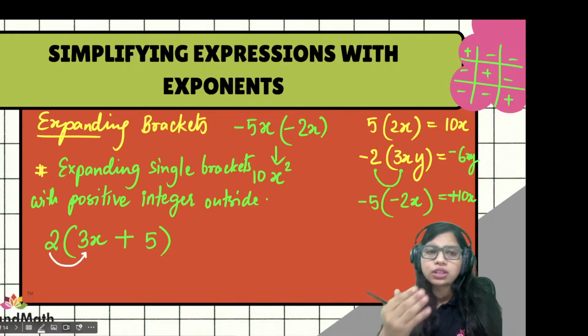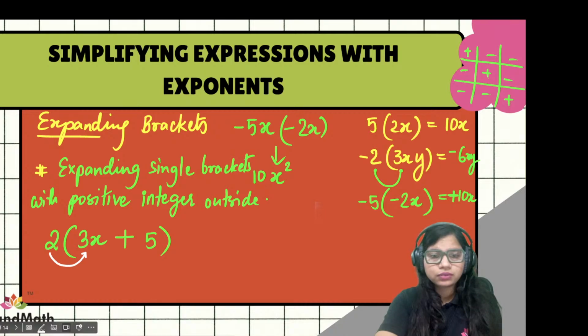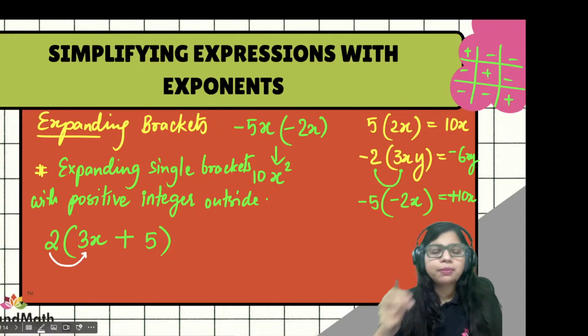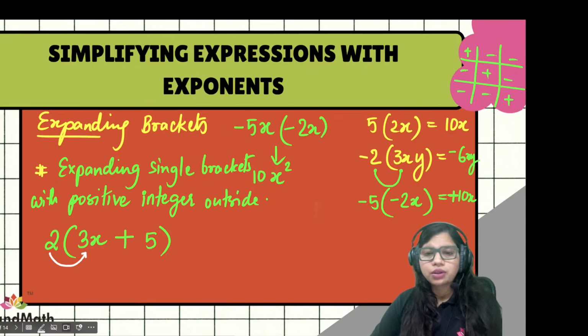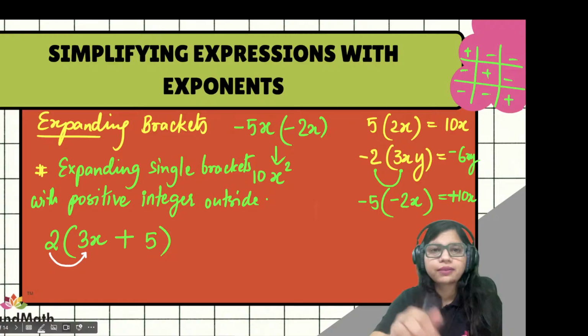You have a lot of thoughts now that can help you go ahead. 2 outside the bracket, inside the bracket 3x plus 5. Okay, Advika says 6x plus 10, but Advika, I want to see the process for this.